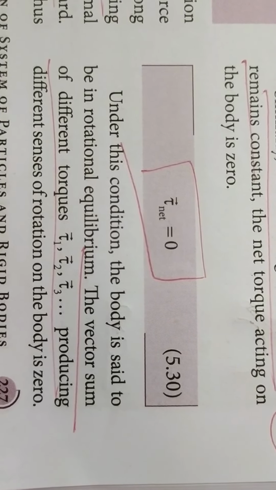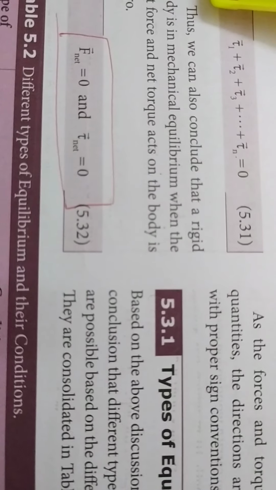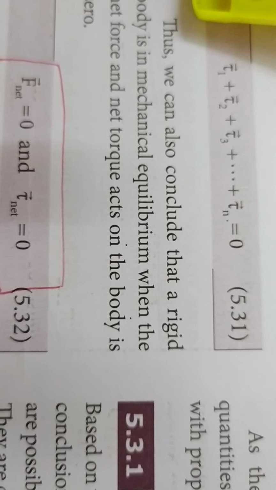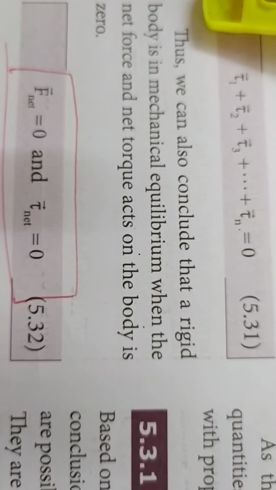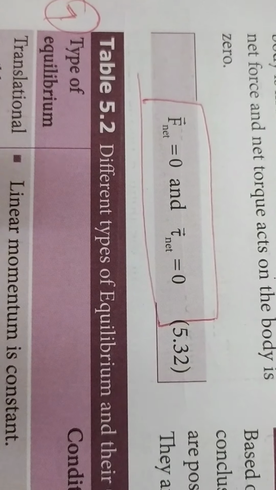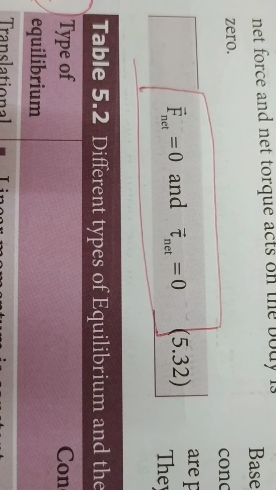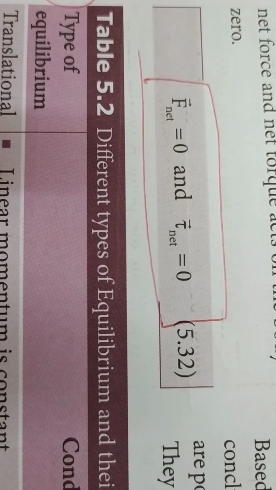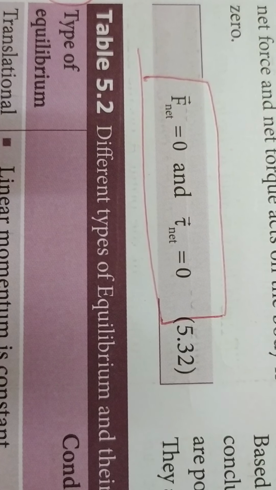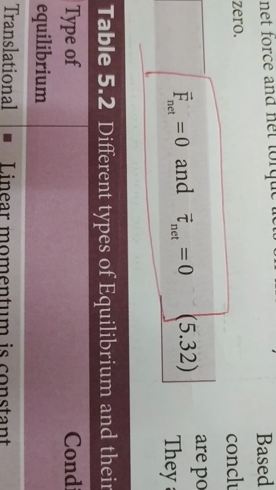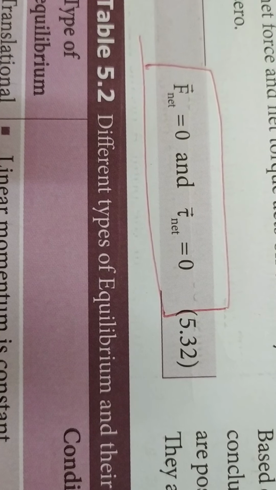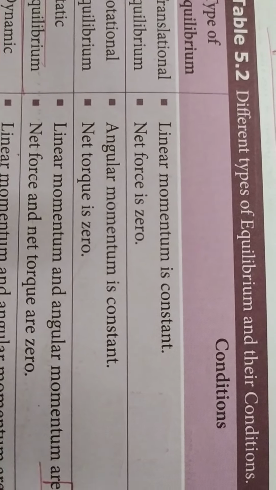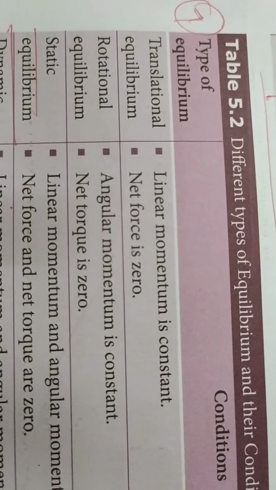So tau 1 vector plus tau 2 vector plus tau 3 vector up to tau n vector will become 0. In both translational and rotational equilibrium, F net is 0 and tau net is 0. So the net force and the net torque will become 0 if the bodies are in equilibrium. Next we are going to see different types of equilibrium and their conditions.